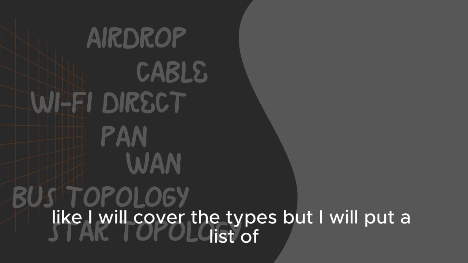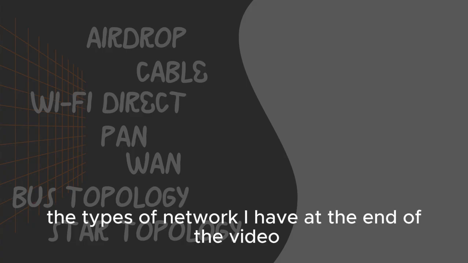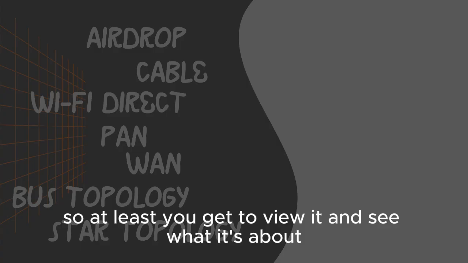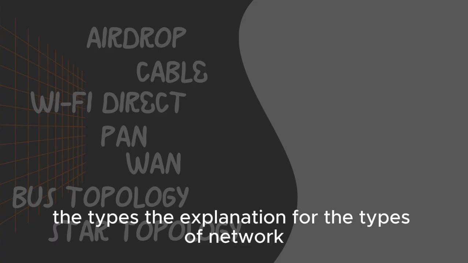But I will put a list of the types of network at the end of this video, so at least you get to view it and see what it's about. Then you can check the next video for the explanation of the types of network.